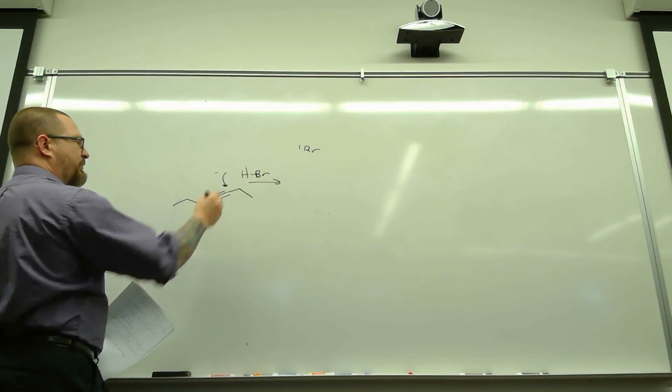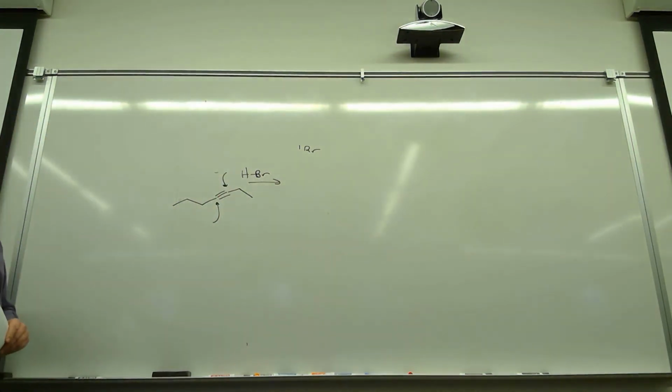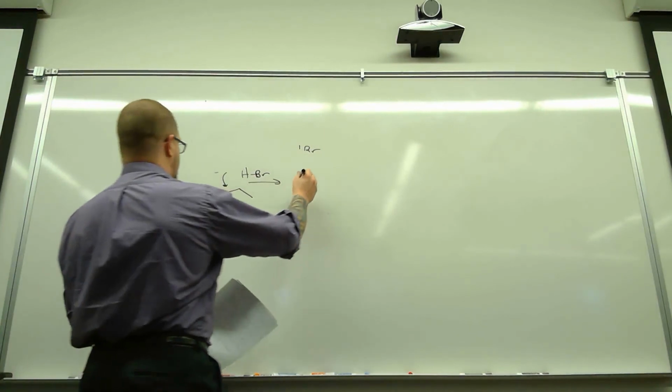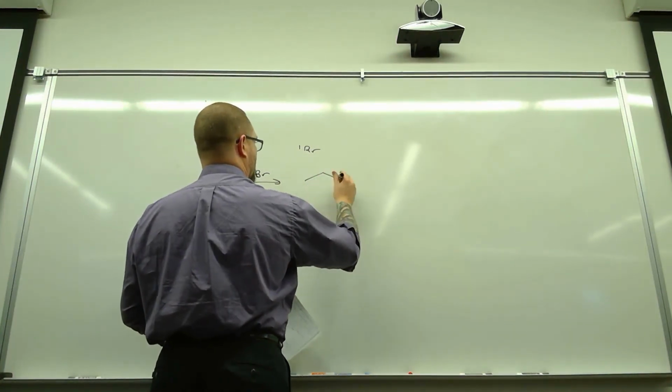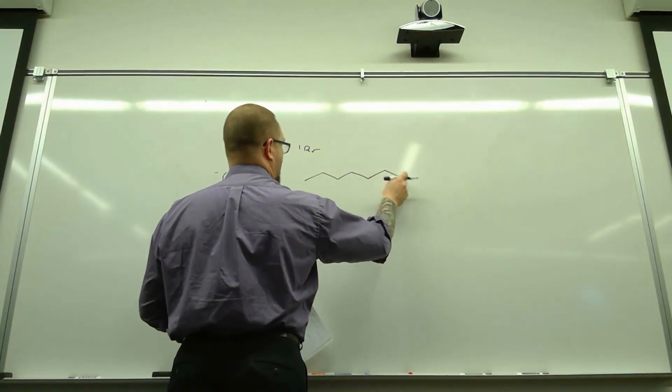If we get this one, we'll have dihalide substitution at the 3 carbon. 4, 5, 6, 7, 1, 2, 3.